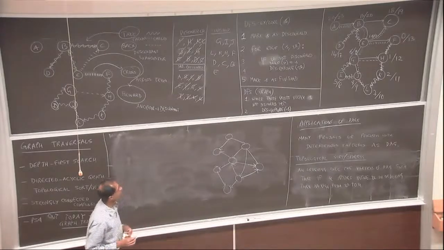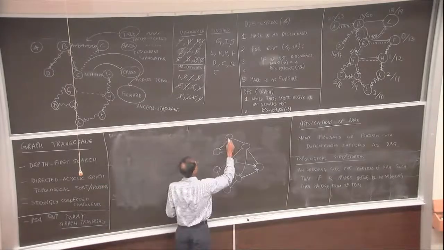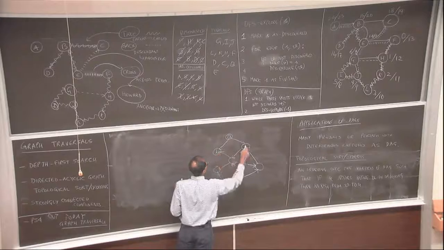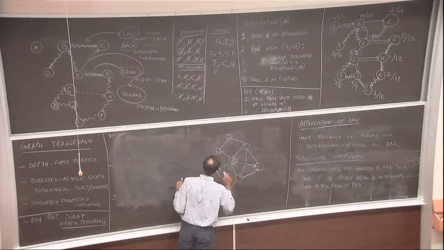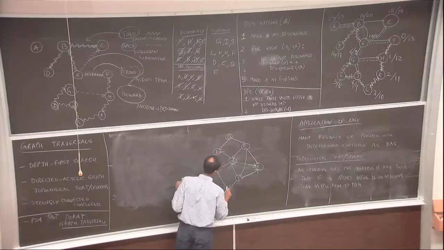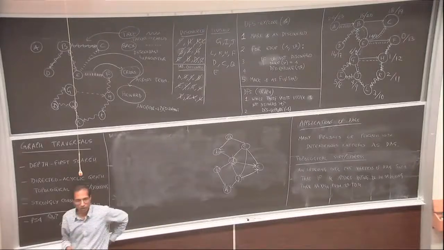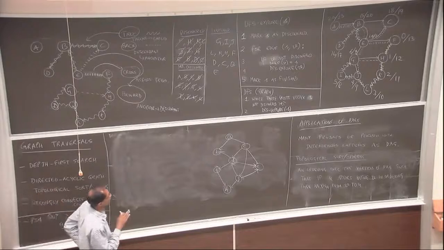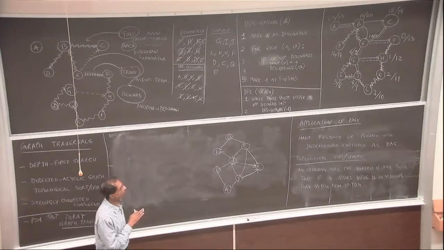Okay, so this is an example. So let's say A, B, C. Okay, so that graph has no cycles, no directed cycles. Remember, in a directed graph, a cycle means it has to be directed. So there are no cycles in this graph, and we would like to find out.